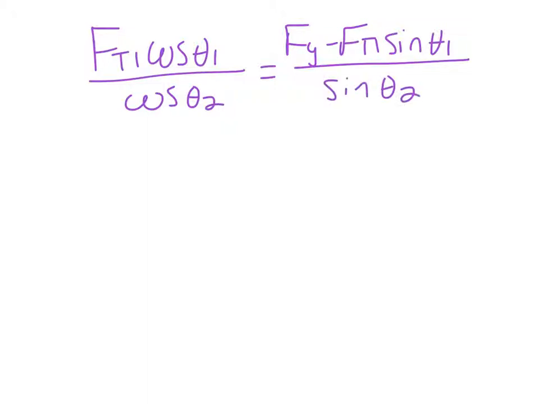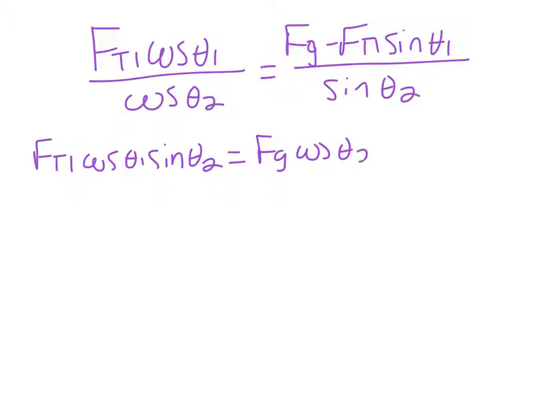I'm going to get rid of fractions because it's going to be a lot less complicated that way. So multiplying these sines and cosines out of the denominators, we are left with Ft1 cosine theta 1 sine theta 2 equaling Fg cosine theta 2 minus Ft1 sine theta 1 cosine theta 2.